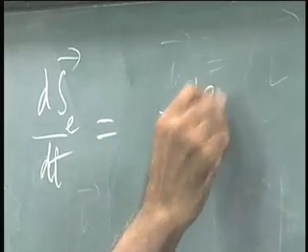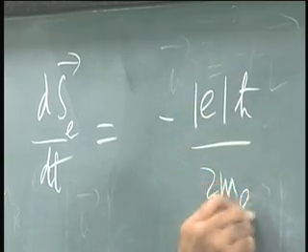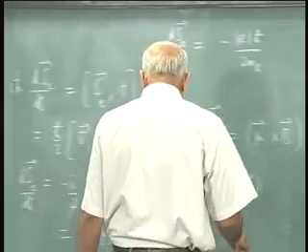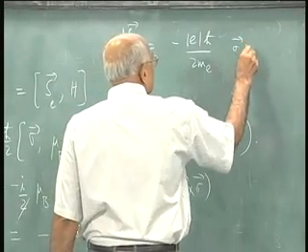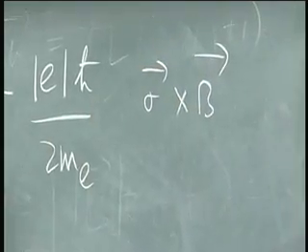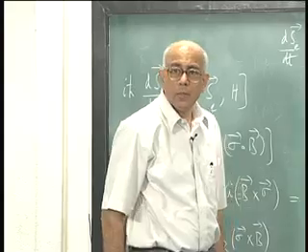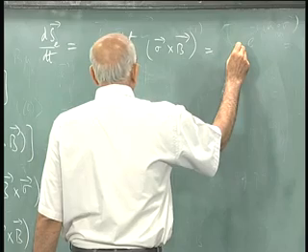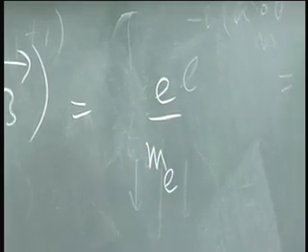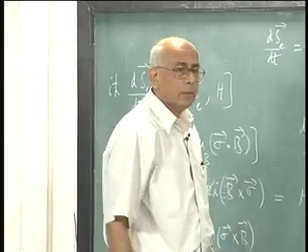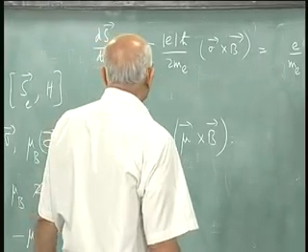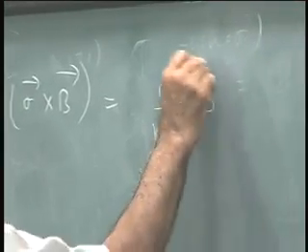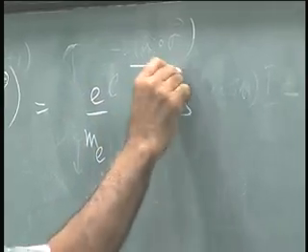So this is minus modulus e h-bar over 2m_e times sigma cross B, which is equal to e over m_e, this side, h-bar over 2 sigma is the spin operator. So spin operator cross B.